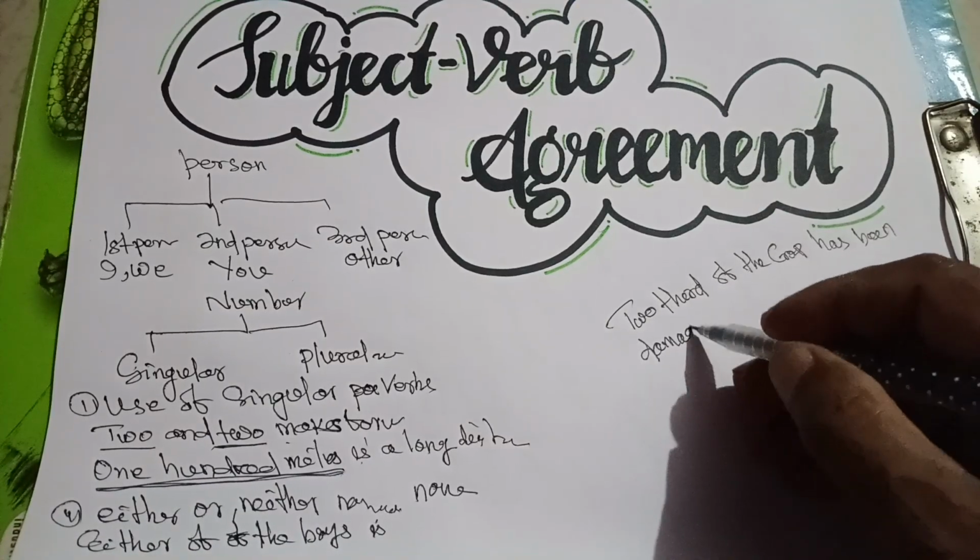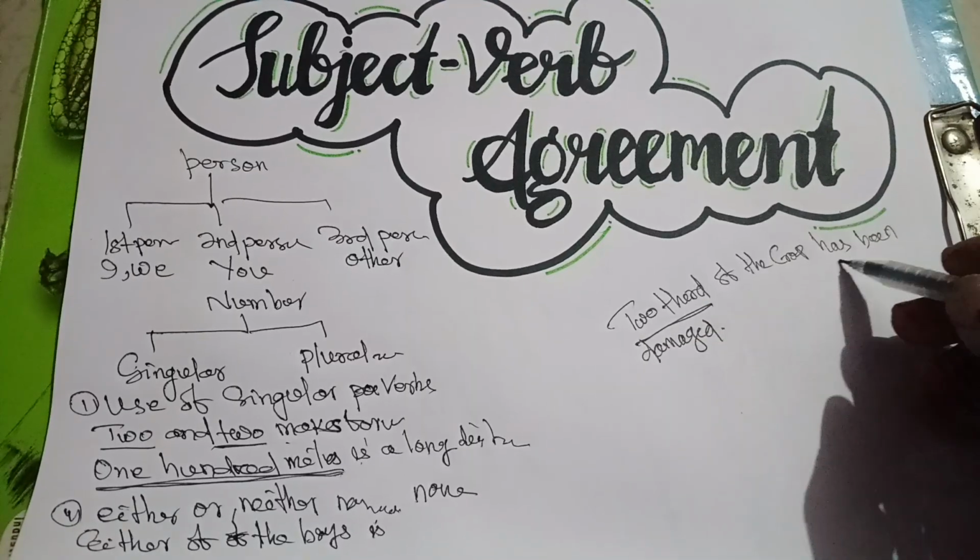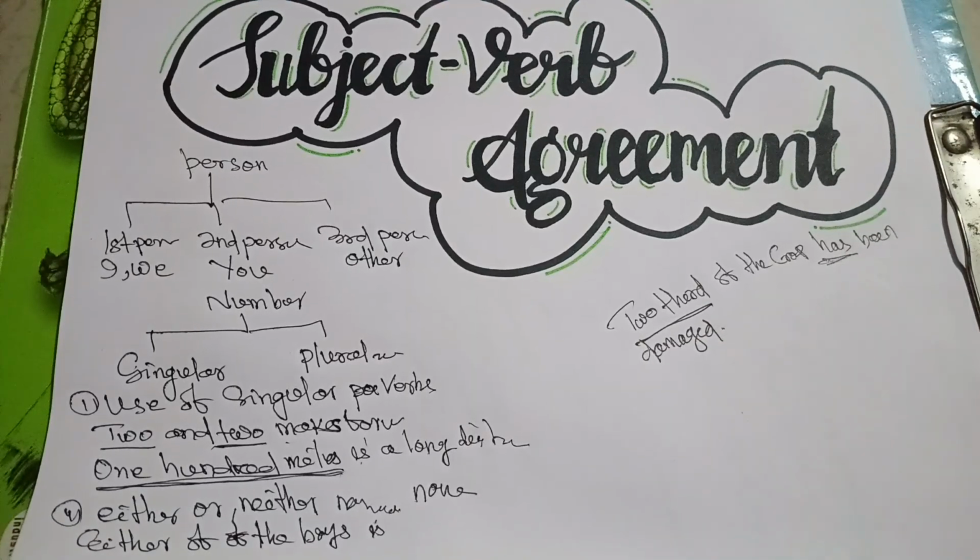In that case, the fraction is 2/3 and the verb is singular, has. So when the subject refers to a fraction, a singular verb is used.